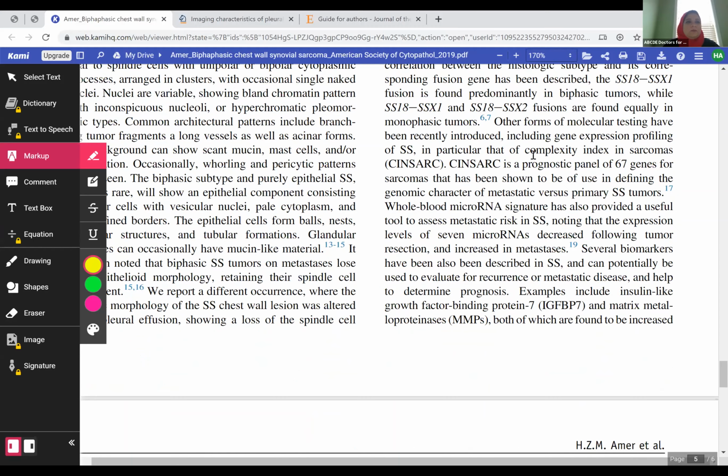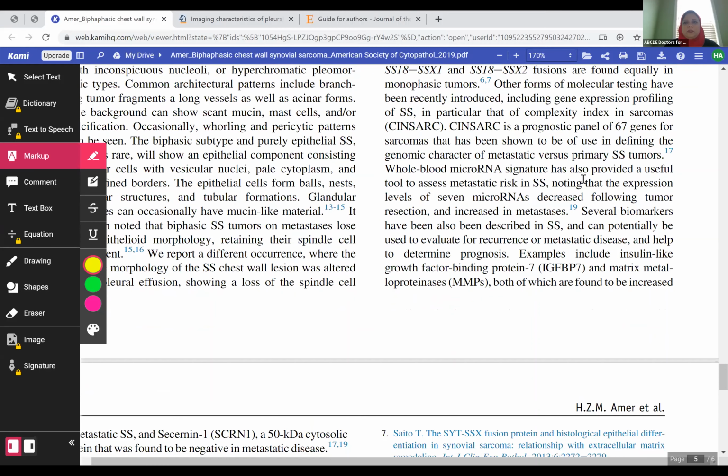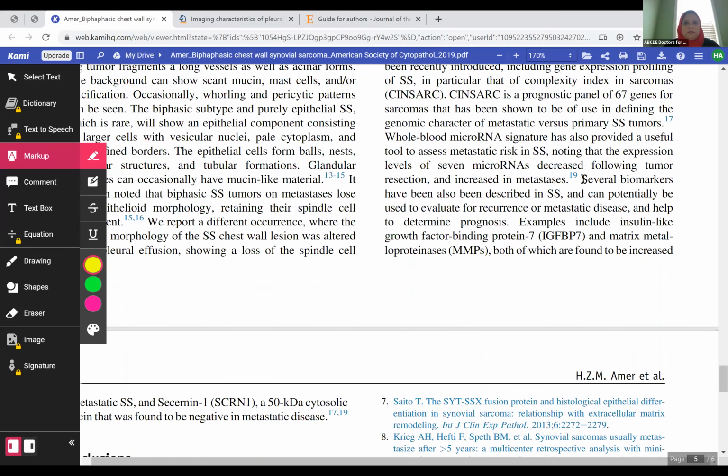And then I'm talking about newer forms of molecular testing. So now they have something like a complexity index in sarcomas. And what they do is a huge panel to see the genomic character of these tumors, whether it's primary synovial sarcoma or metastatic. They also check for the prognostic risk, like metastatic risk.